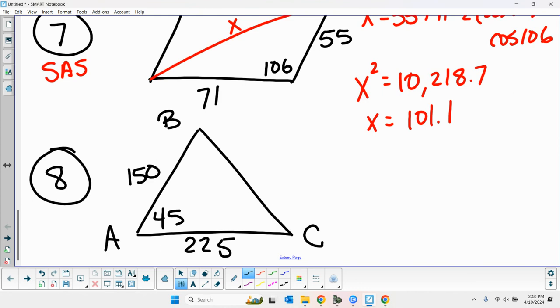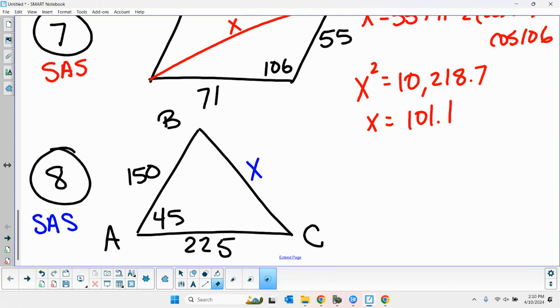So what kind of situation? Again, another side angle side. So 1, 7, and 8, law of cosines, side angle side. Again, I'm looking for the third side.